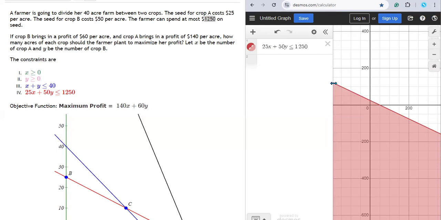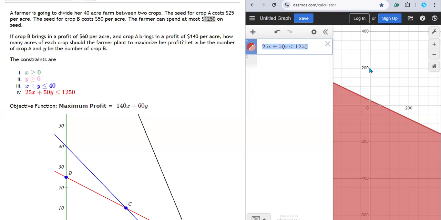A line that passes through the Y-intercept and the X-intercept. Any pair of numbers, X and Y, that is on this line or in this shaded red area makes this true.